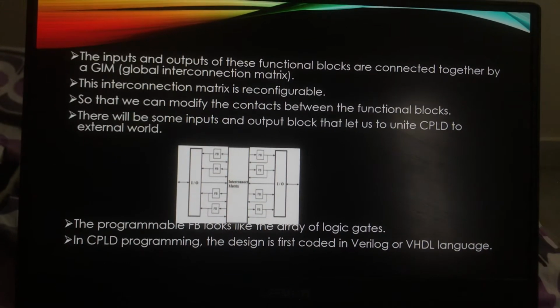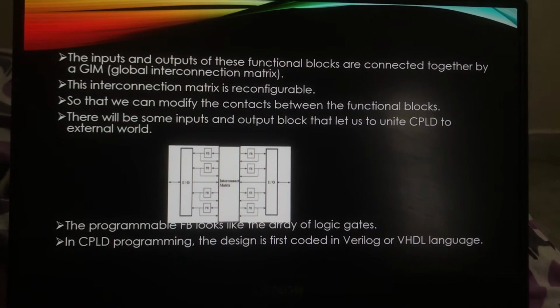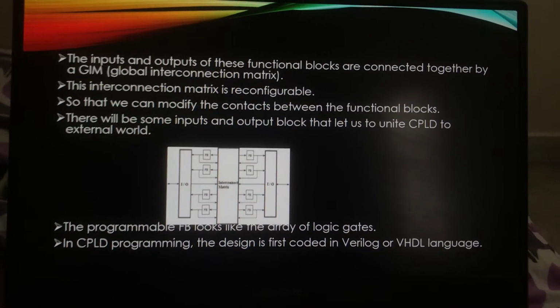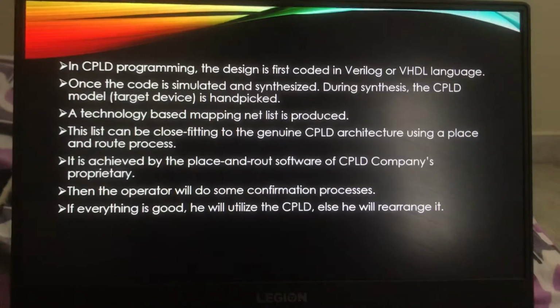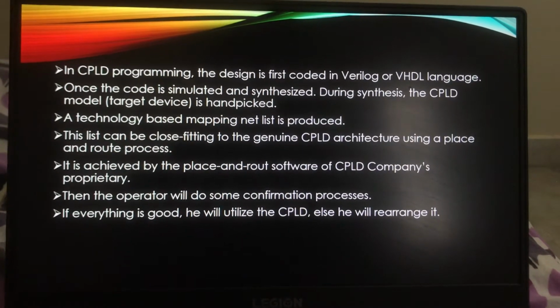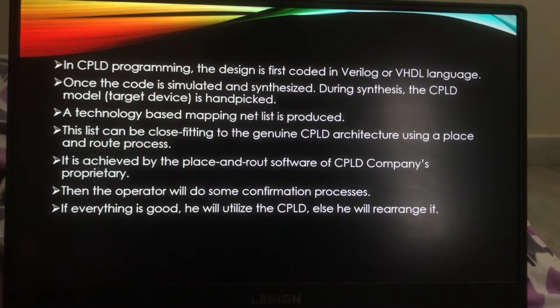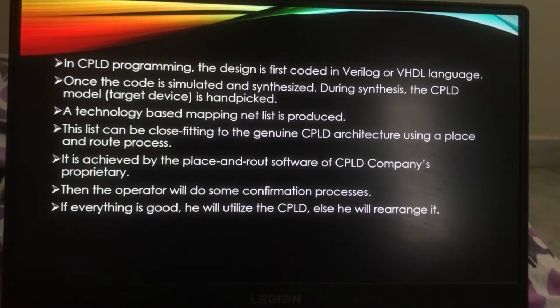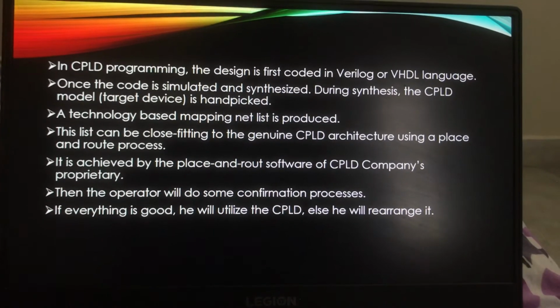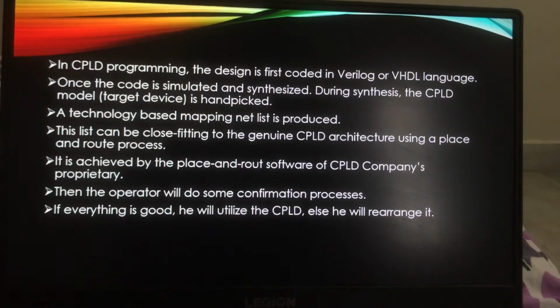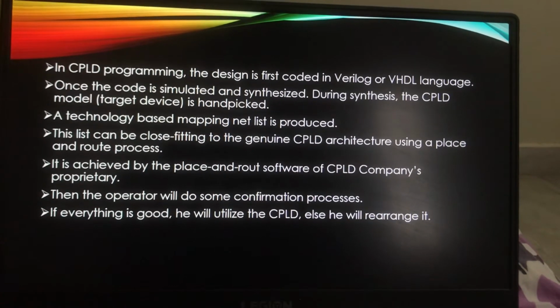In CPLD programming, the design is first coded in Verilog or VHDL language. Once the code is simulated and synthesized, during synthesis, the CPLD model is selected. A technology-based mapping net list is produced.